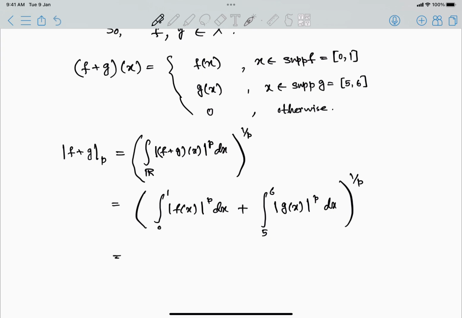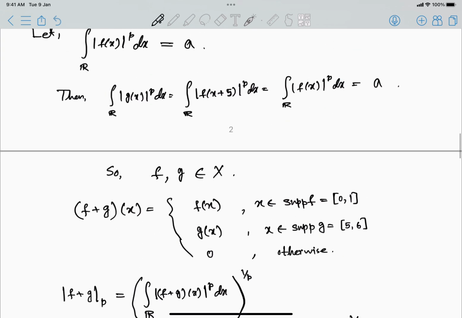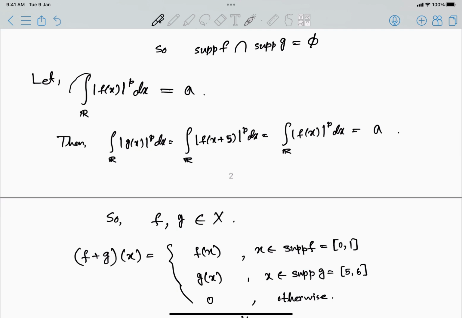And because f is only supported on [0, 1], this first integral is over 0 to 1. Let me write it. This is the same as the integral from 0 to 1 of f(x) to the power p dx, right? And this is again the same as the integral from 5 to 6, because the support of g is only 5 to 6.